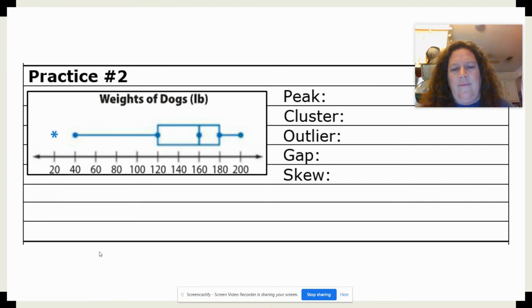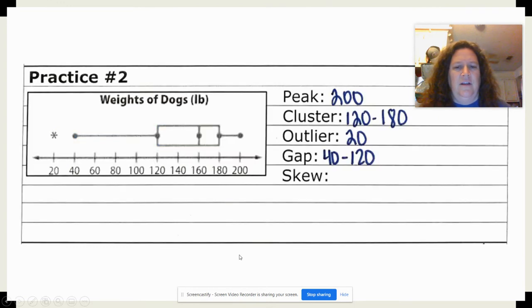Plus, it looks like we have a bunch of dogs that are heavy set and not too many little dogs in the dogs that they weighed. If half of them are between 160 and 200, and they weighed 50 dogs, 25 of them weigh more than that, which is a lot of weight going on there.